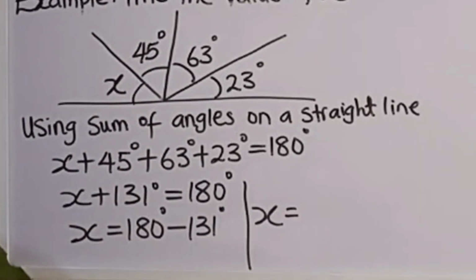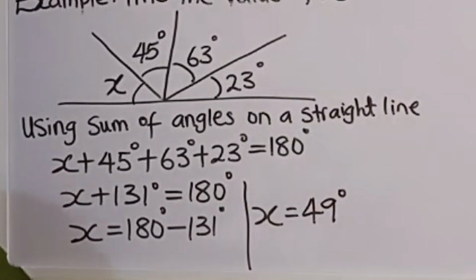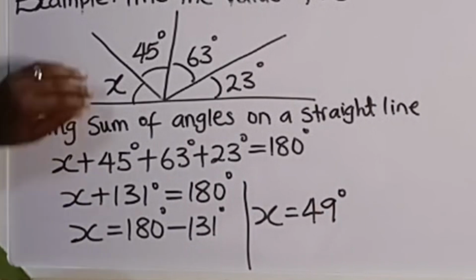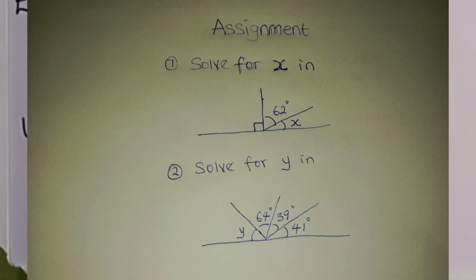So 180 minus 131, what do we have? 49 degrees, correct. So the value of x is 49 degrees. So what we have been able to do is find the missing angles using this principle, the sum of angles on a straight line. So quickly, we're going to go to the next principle.